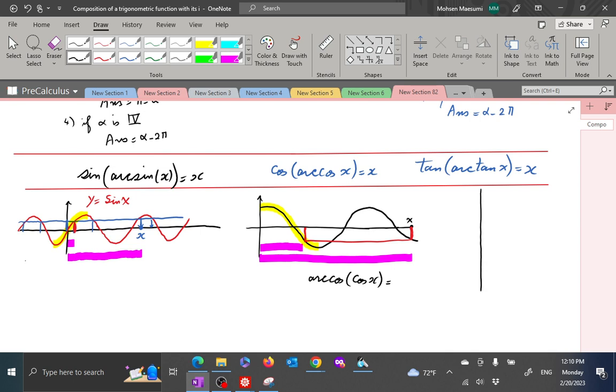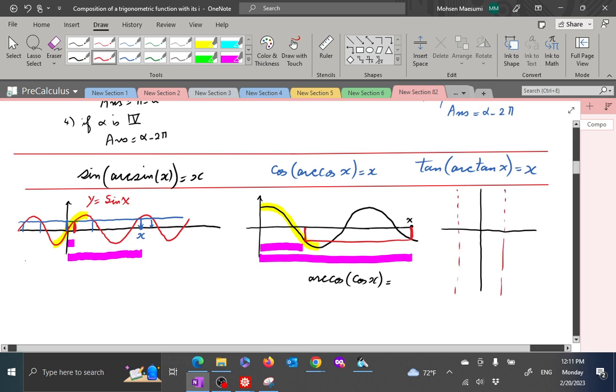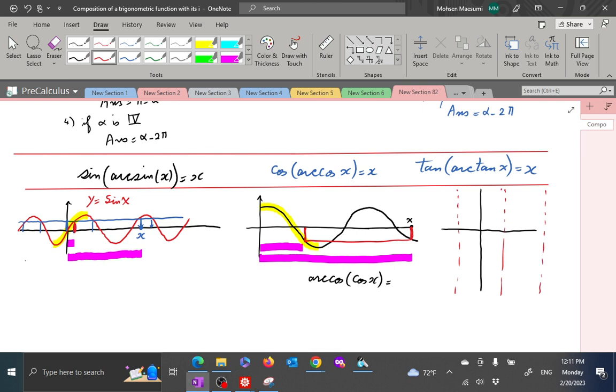Same issue with respect to the tangent. For tangent we had asymptotes, so the graph looks very different. So we had a graph of tangent looking something like this.